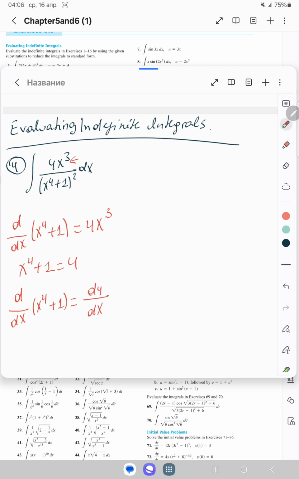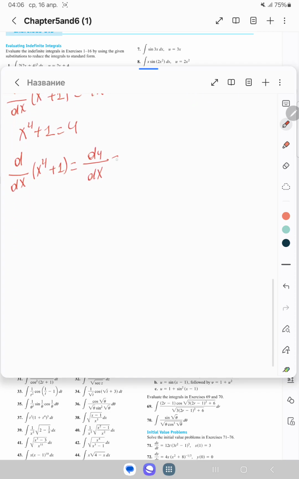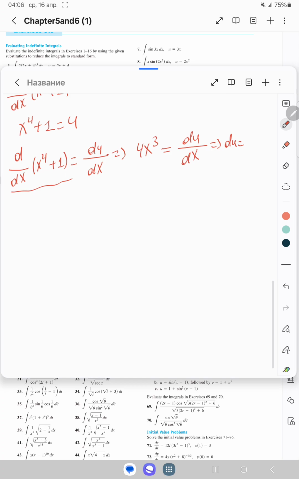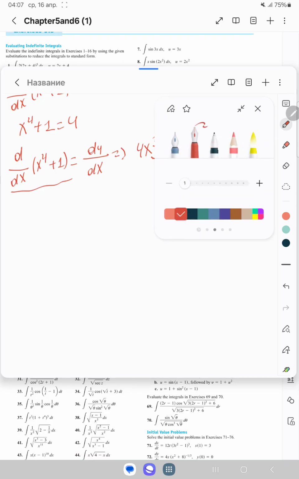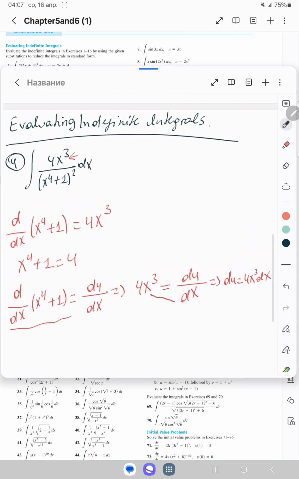Hər tərəfin derivativini tapdım. Bu bizə verəcək 4x kubu bərabərdir du over dx. I will find du here. Du equals 4x kubu vurulsun dx. Now, gəlin sualımıza qaydaq.